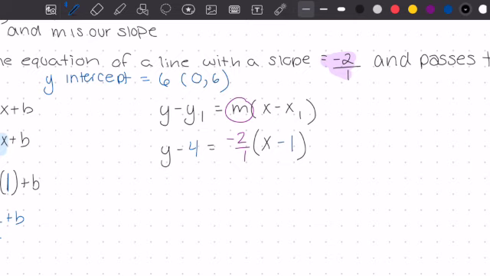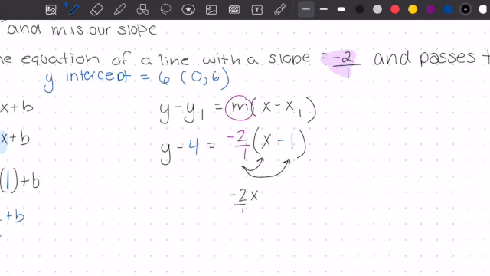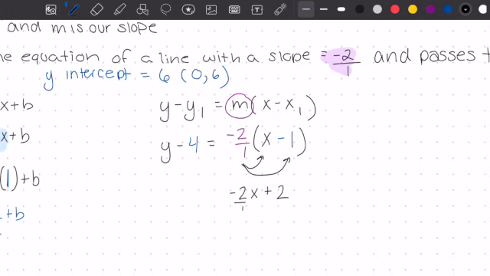So when I have these brackets, I'm going to expand my brackets here. So I'm going to multiply. I'm going to get negative 2x over 1, just so we can keep it as our slope. And then I'm going to get negative 2 times negative 1, which is plus 2. That's going to be equal to y minus 4. If I add 4 to get y by itself on both sides, I'm left with y equals negative 2 over 1 x plus 6.